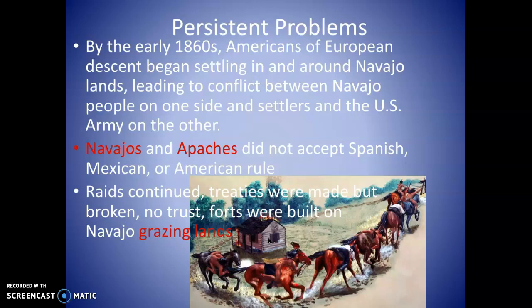So in our last lesson, we learned about the westward expansion, the idea of manifest destiny, and Americans moving west and into Native American lands, pushing Native Americans off their lands and taking over their land. The Navajos and Apaches did not accept Spanish, Mexican, or American rule. Raids continued, treaties were made but broken, there was no trust, forts were built on Navajo grazing lands.